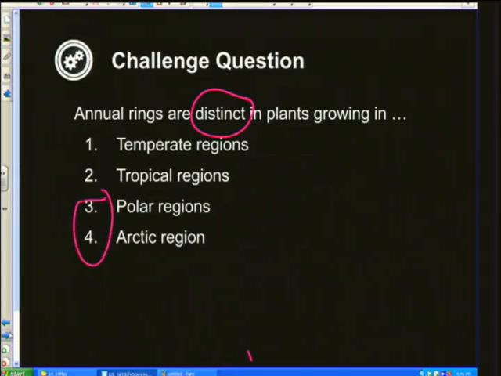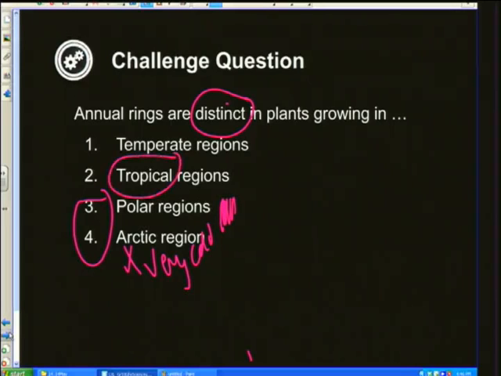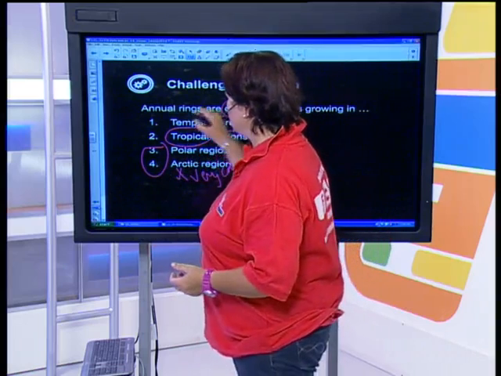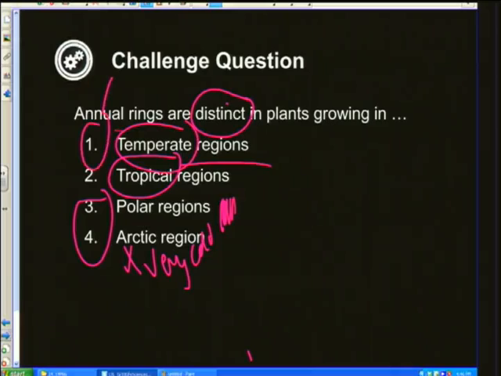Options 3 and 4 are very, very cold, so the rings are probably so close together you can hardly see them. That's not distinct. Tropical hardly has a winter, so it's going to be moderate throughout, so we're not going to see that distinct growth pattern. So temperate is our answer. That's our winner.